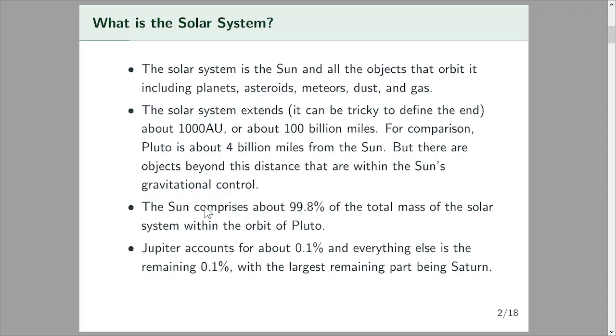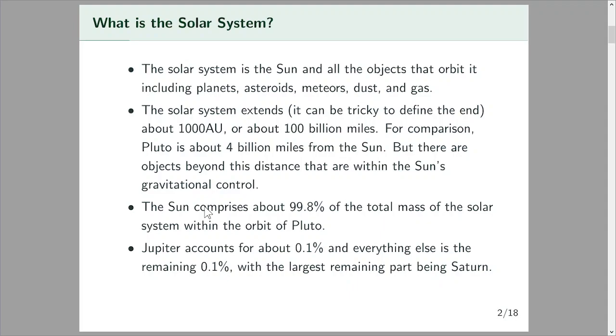The Sun comprises about 99.8% of the total mass of the solar system, at least within the orbit of Pluto. When you start talking about comets, we'll talk about that in a little bit, it gets a little more complicated than that. But if you just take all the planets and the asteroids and the gas and dust, all the stuff that's within, say, Pluto's orbit or a little bit beyond that, the Sun is about 99.8% of the total mass.